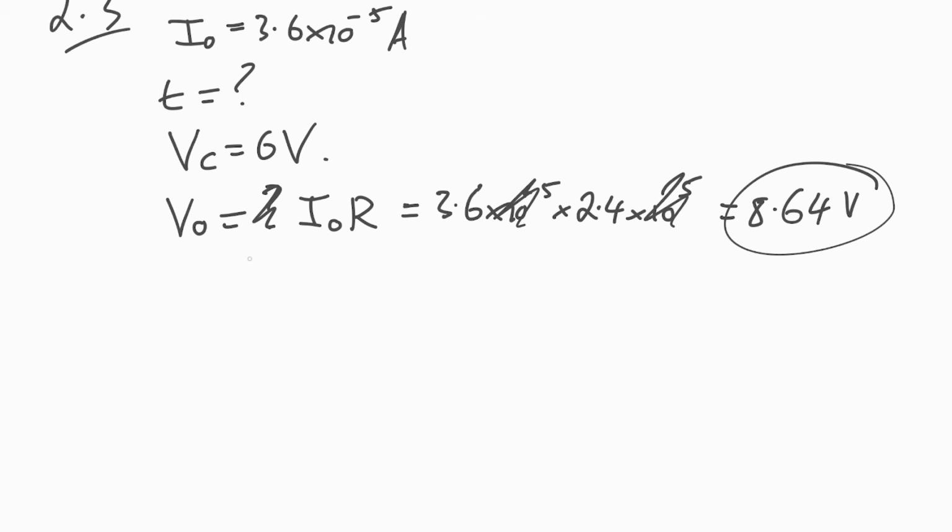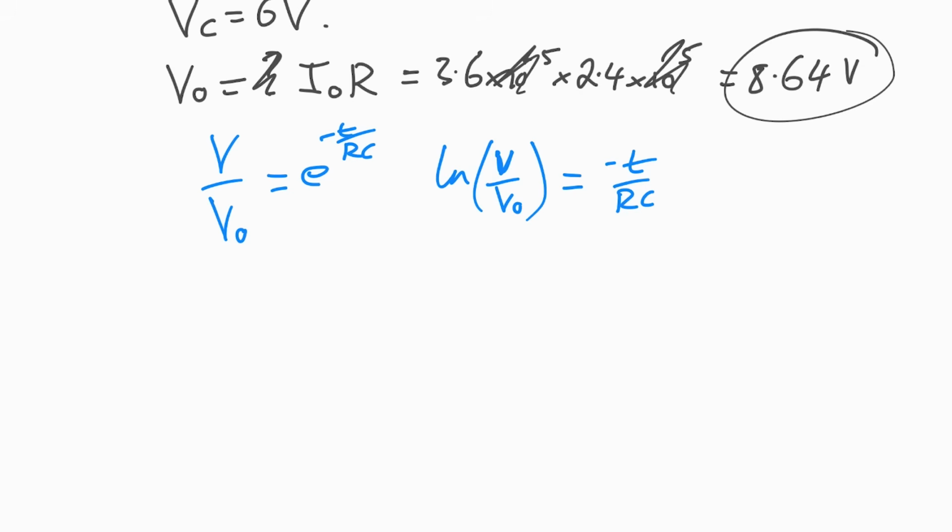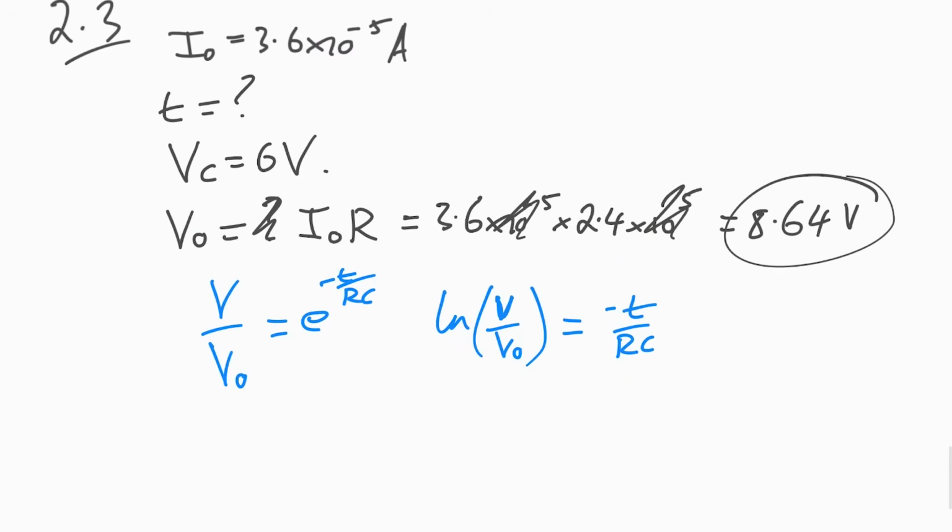Cool. So we can just use our normal equation, V over V0. I always like writing it out this way because it's clear then that it's a ratio that we're dealing with. In this case, we can rearrange it. So minus T over RC. Now, I just realized I haven't thought carefully about what's going on here. When we look at the graph above of this decay, this is V that's falling across the resistor.